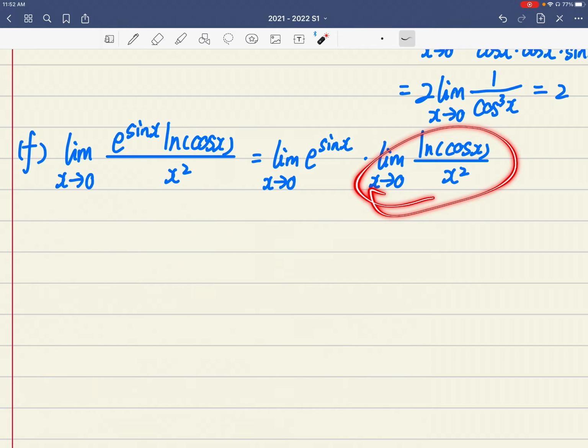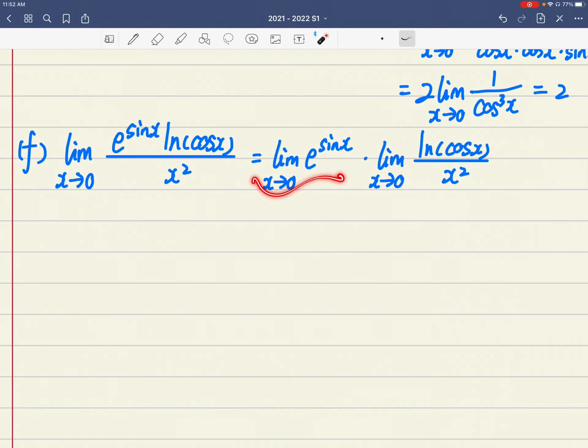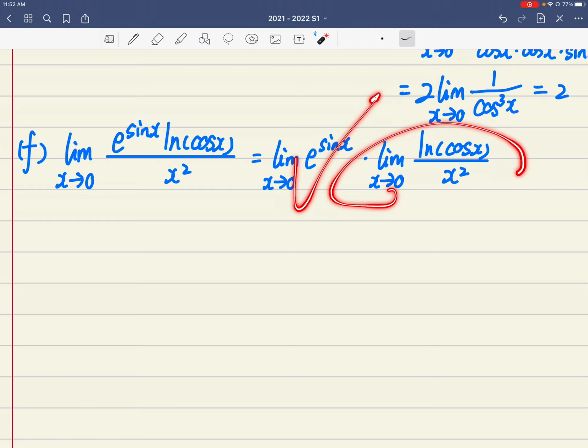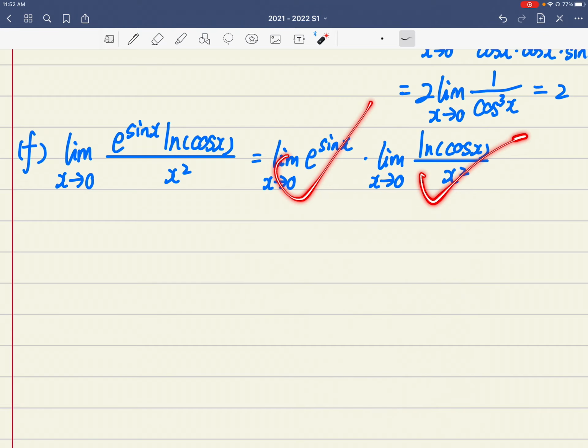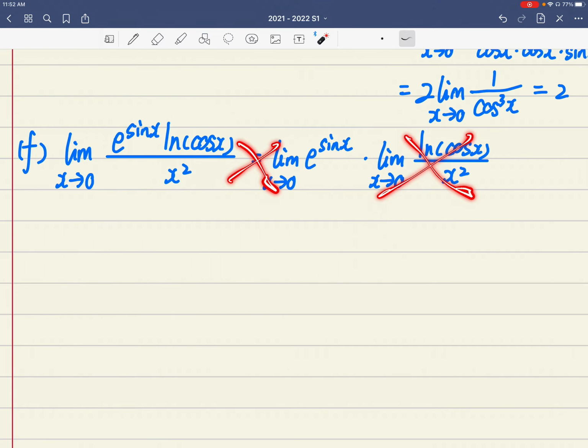Actually, here we assume this limit exists. This limit exists, we already know, because it's just e to the power of 0, it's just 1. But we haven't dealt with this other limit, so we just assume it exists. If both limits exist, then we can do this step. Here it's very important: if this limit does not exist, then we cannot do this step.